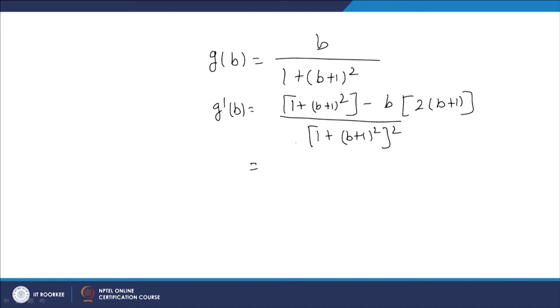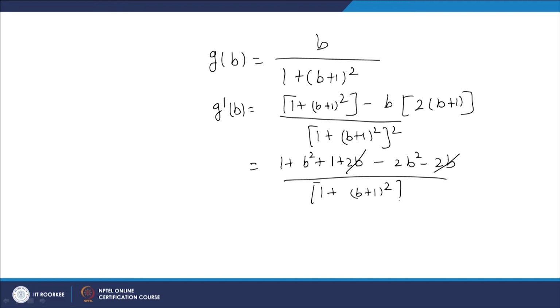So, if you simplify this, it is 1 plus b square plus 1 plus 2b minus 2b square minus 2b. So, if you simplify, 2b is cancelled out, upon this quantity (1 plus b plus 1) whole square, and this is going to be 2 minus b square divided by this quantity.